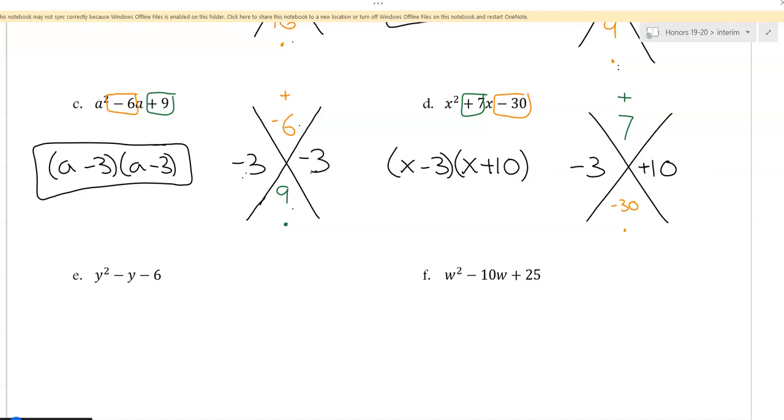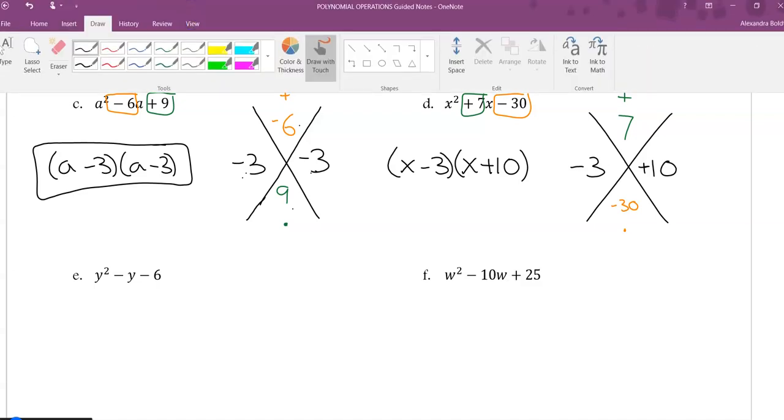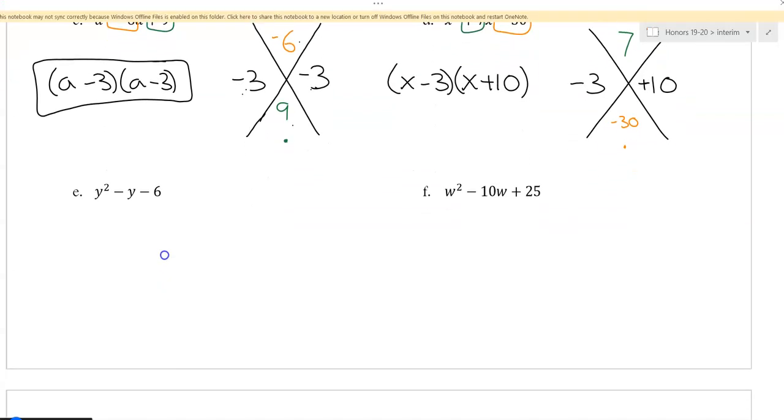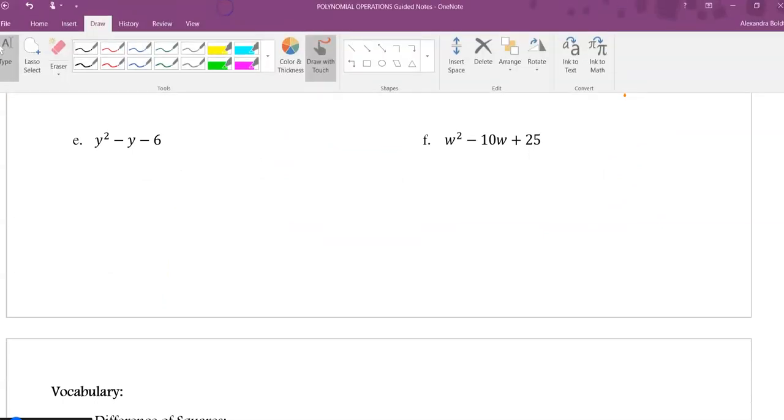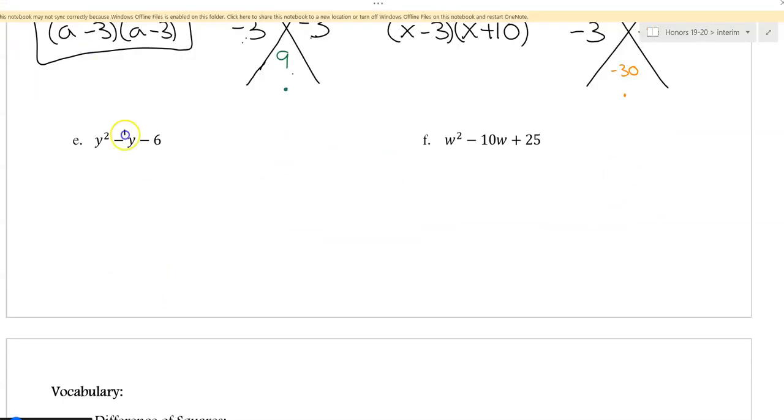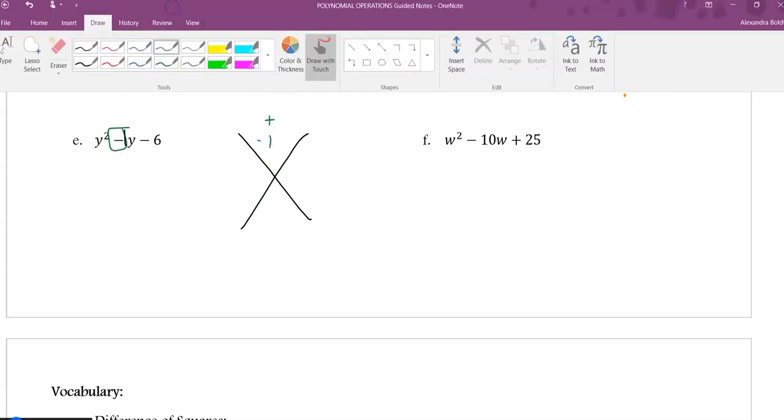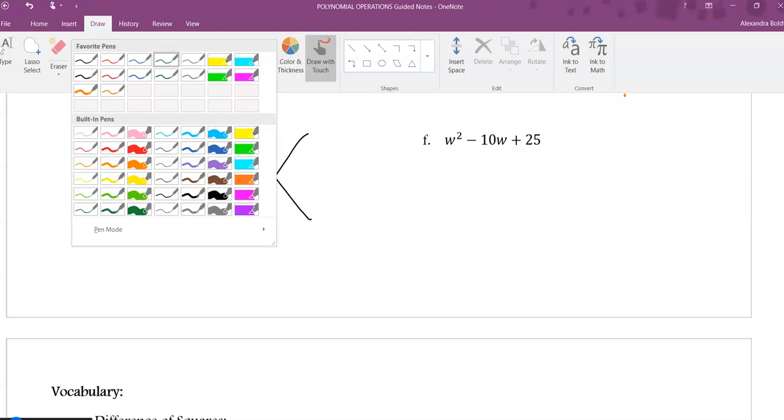Things that multiply to negative 6 are 1 and 6, and 2 and 3. 2 and 3 is going to get me closer to 1. I'll get a negative 1 by making the bigger number negative. So 2 and negative 3. So that's y plus 2, y minus 3.